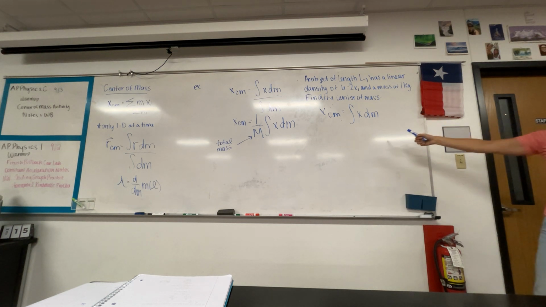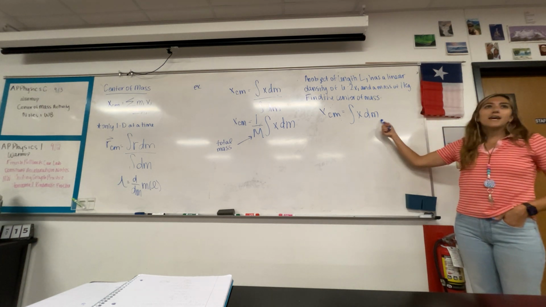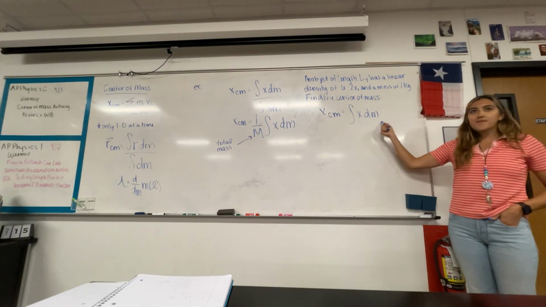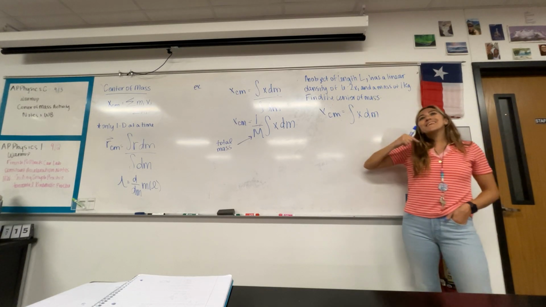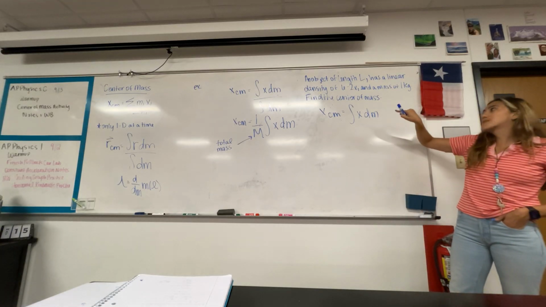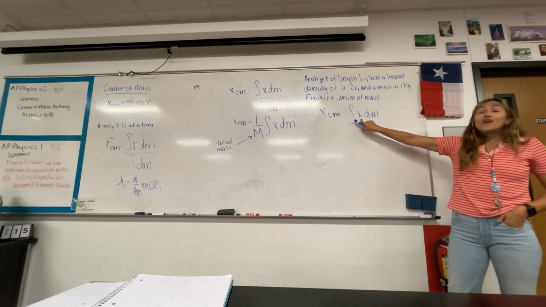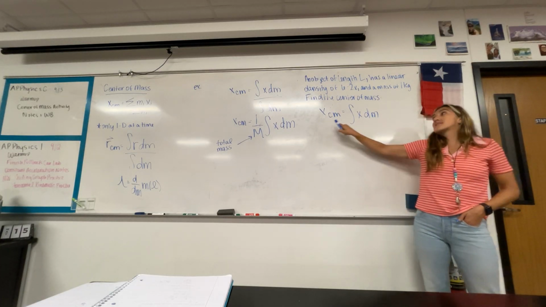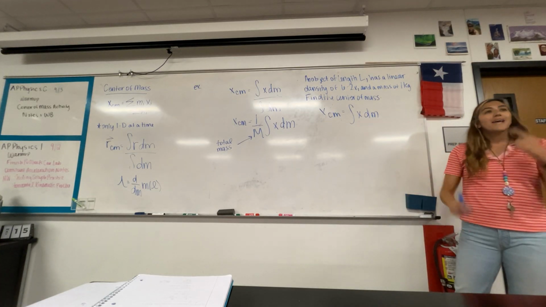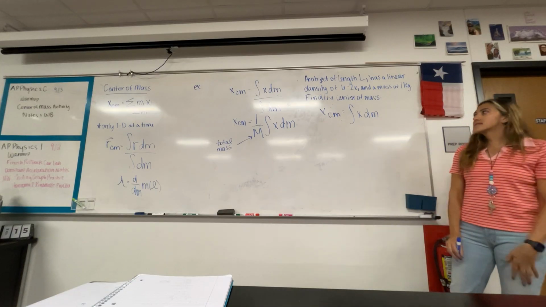So let's talk about this. It's an integral with the variable x, but I don't want to integrate it with respect to m. I don't want to do that. I'm looking for a position, so I need to integrate this with respect to position x, not mass. I'm not finding a mass. So integrating with respect to m, bad. That's where linear density comes in.